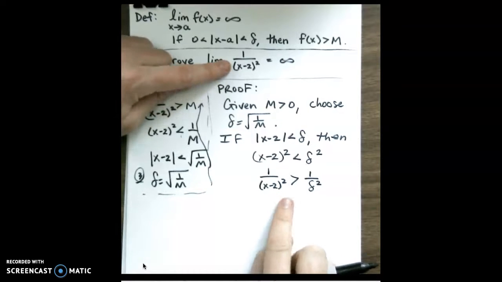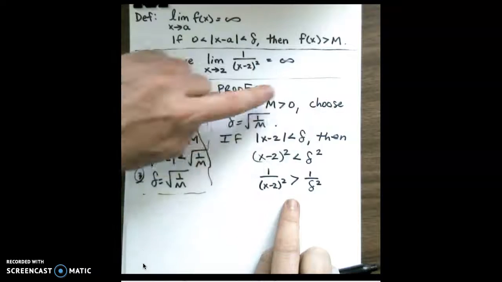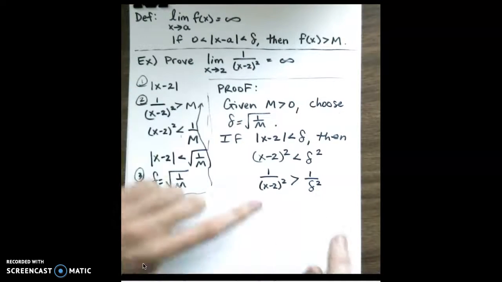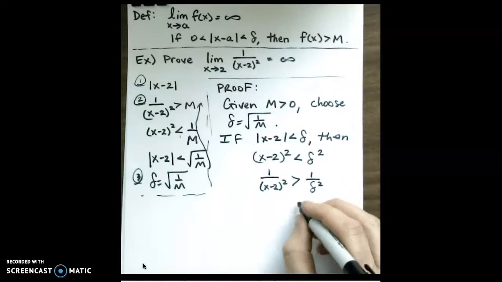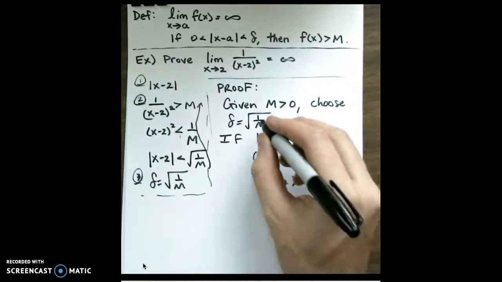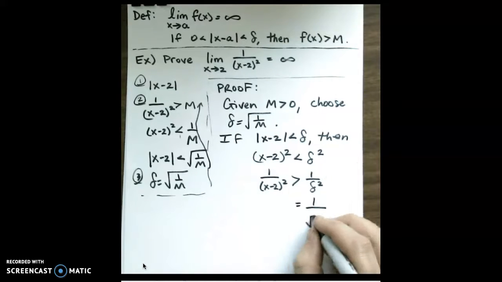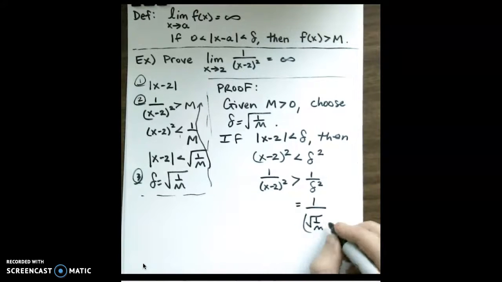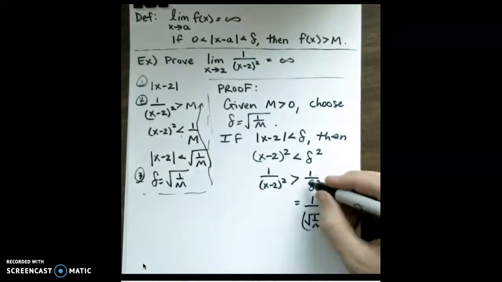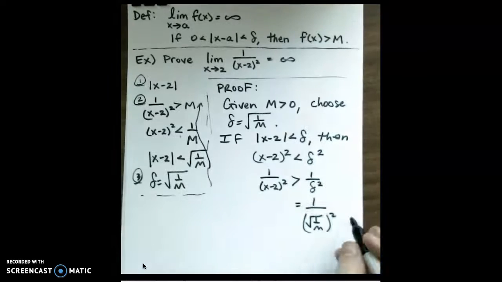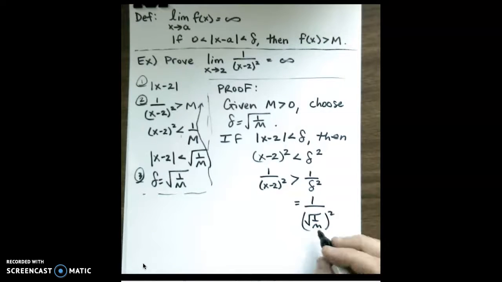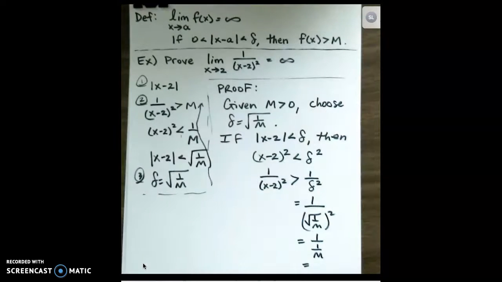So at this point, there's nothing left I can do except to substitute in my delta value. So that equals 1 over, substitute in your delta, and it's squared because that delta is squared. Then your square cancels your radical, and then you can do the reciprocal to both sides.